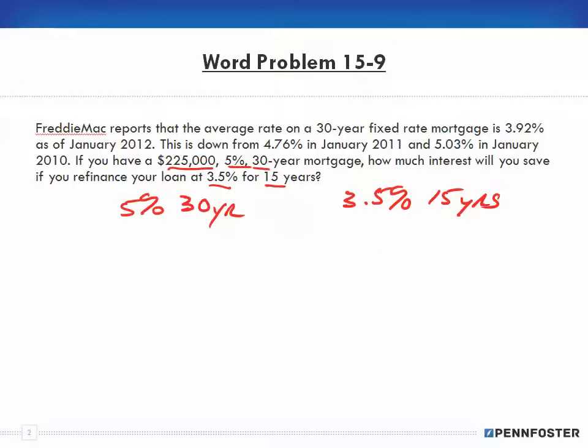We'll work out the 5% at 30 years. So again, the principal here is 225,000. When we're looking up on the amortization table, that is per $1,000. So basically, we can just cross out the remaining zeros here, and we end up with 225, which is what we're going to use when we multiply by the factor.